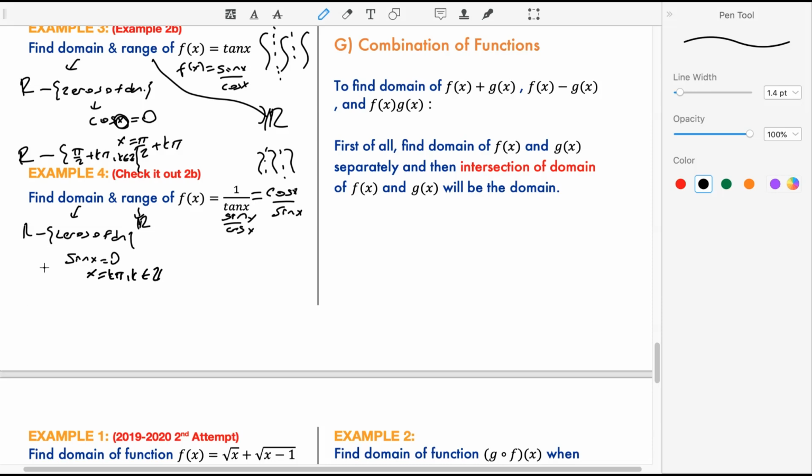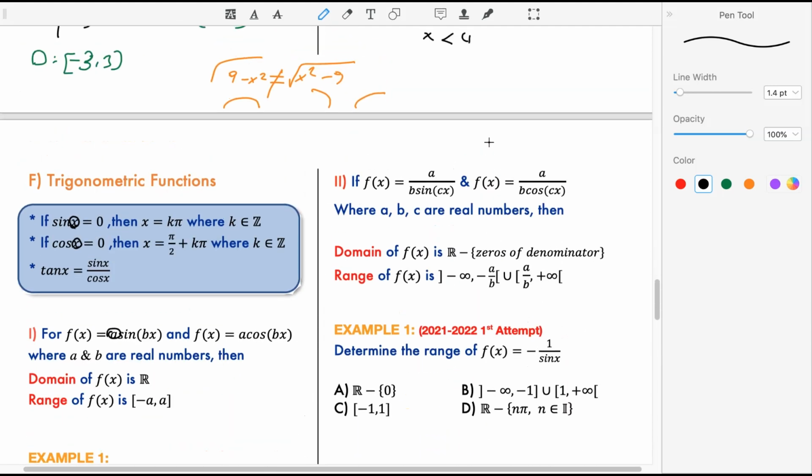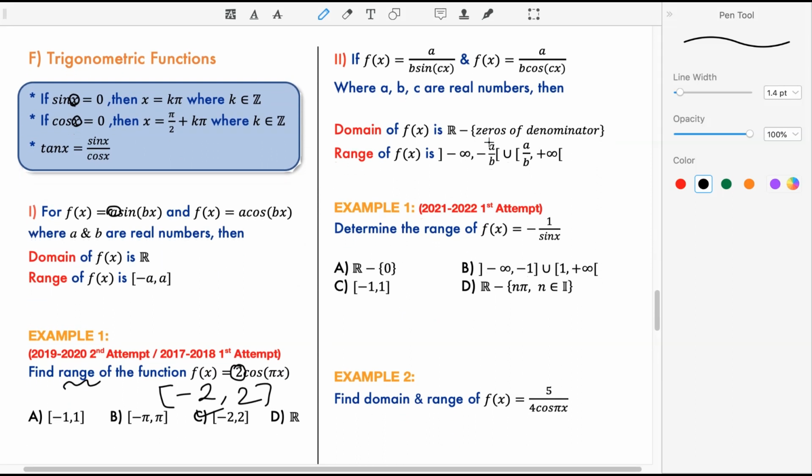So domain is all real numbers except k pi when k is an integer. So this is the way to find domain and range of tangent or 1 over tangent functions. Sine and cosine are simple. Tan is also simple when you know the rule.